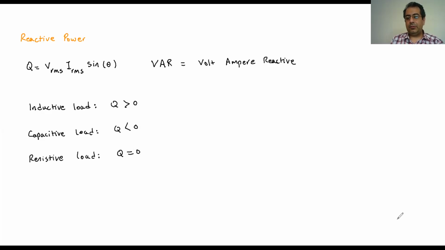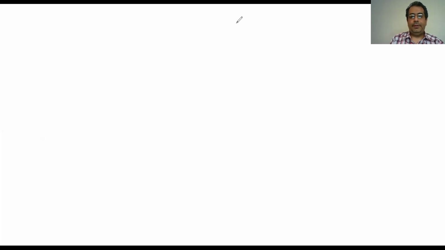Then we have the combination of these two, which is the apparent power, the combination of the average power and the reactive power.